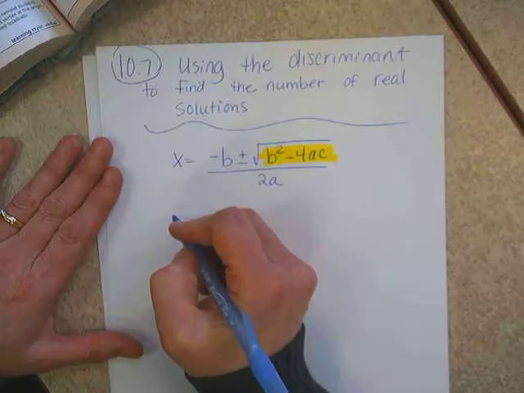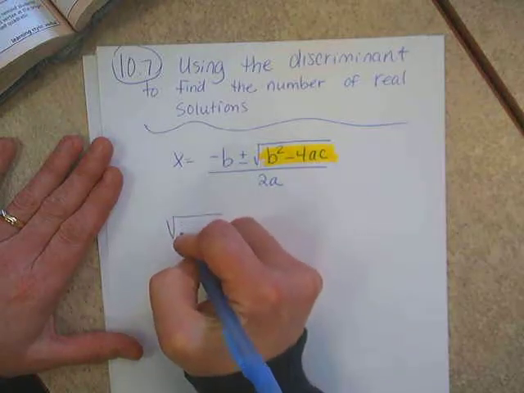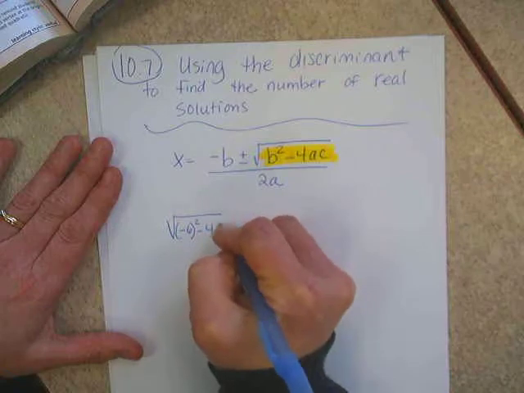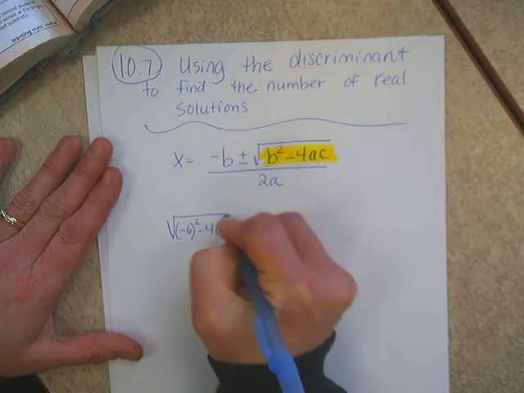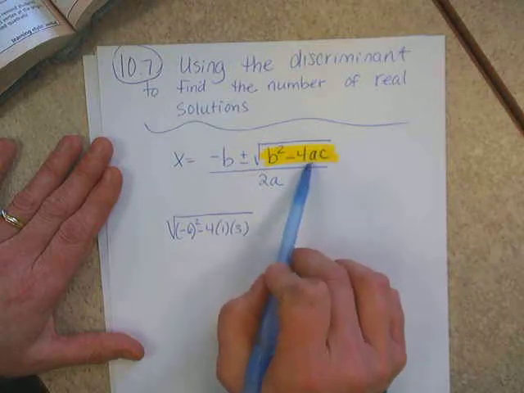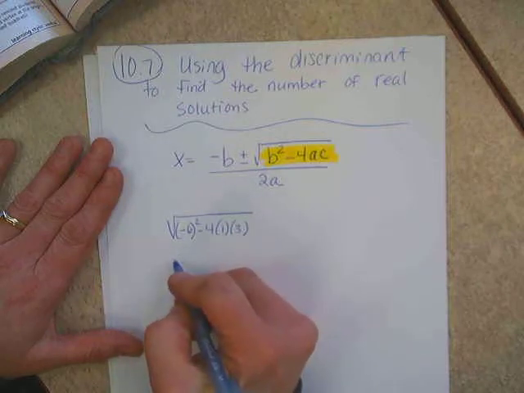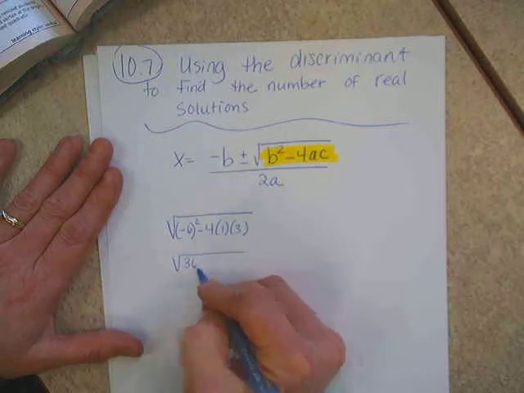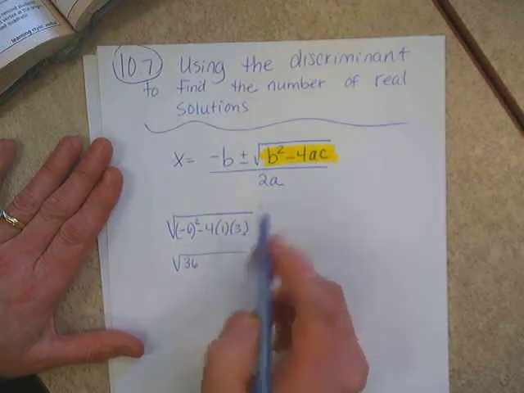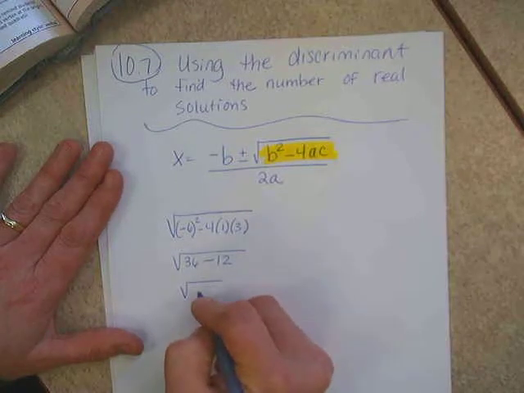If we have something inside the radical that looks like this, negative 6 squared minus 4 times 1 times 3, so that would be our B, our A, and our C. If we simplify this, then we have 36. 4 times 1 is 4, times 3 is 12, so that would be minus 12.